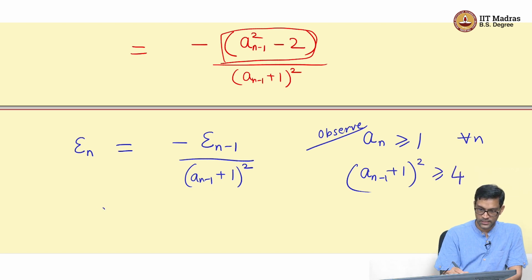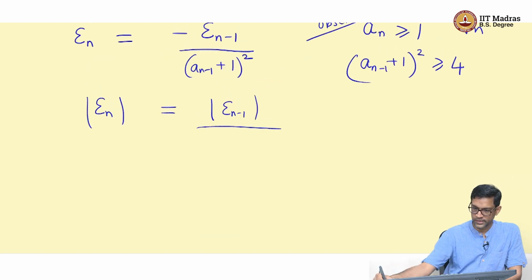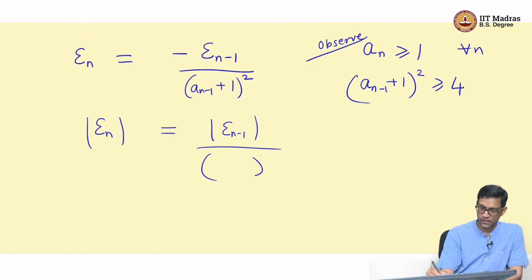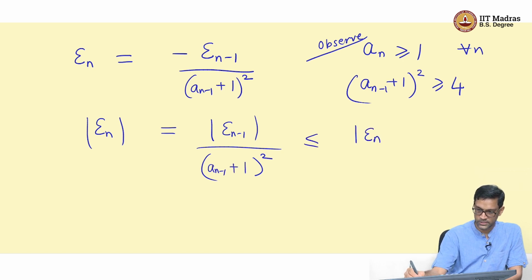So this tells us that epsilon_n in absolute value is the modulus of epsilon_{n-1} by the square of the denominator, but that is just less than or equal to 1 by 4, right. Since it's a denominator, it's less than or equal to 4.